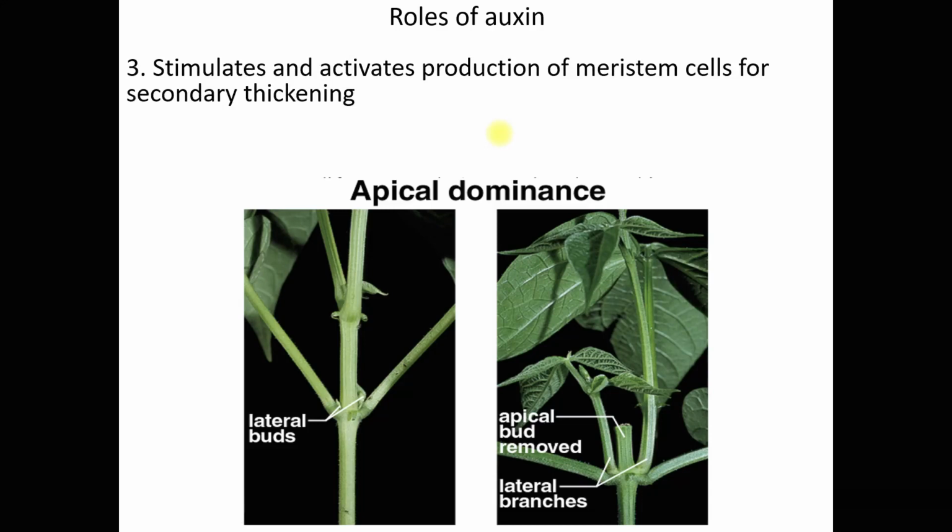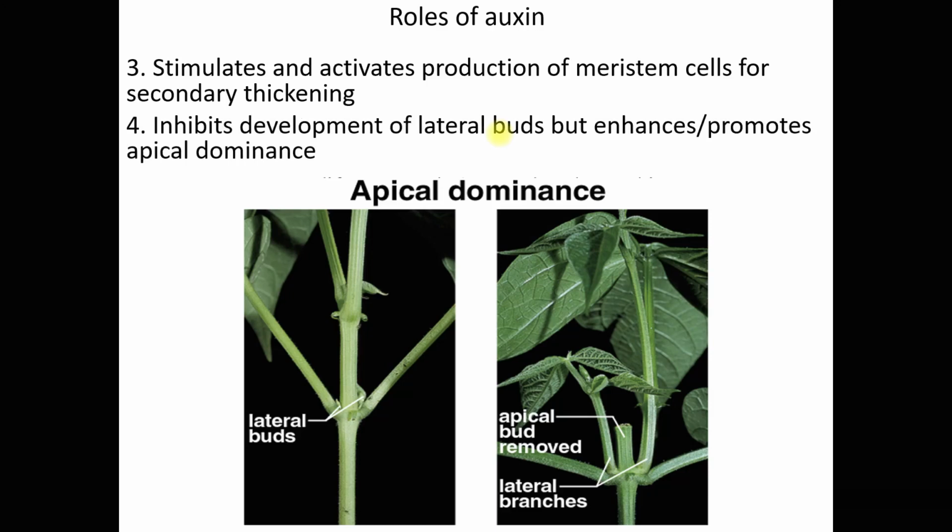Okay, next, auxin stimulates and activates production of meristem cells for secondary thickening, and then inhibits development of lateral buds, but enhances or promotes apical dominance. That's why trees, or plants, grow tall, because of the apical dominance, which is being promoted by auxin. You can see here, this is the apical dominance, and the growth of these lateral buds is inhibited by the auxin.